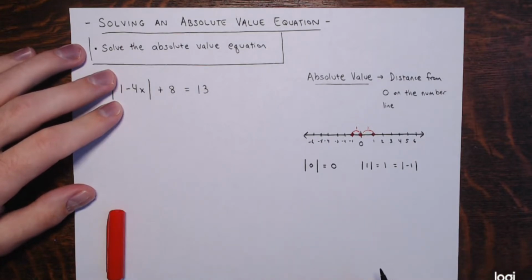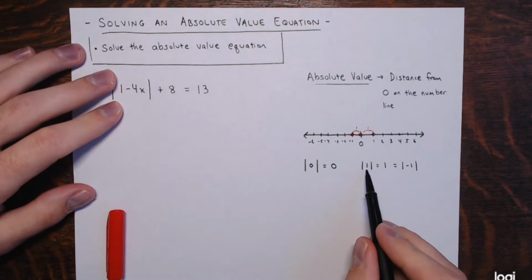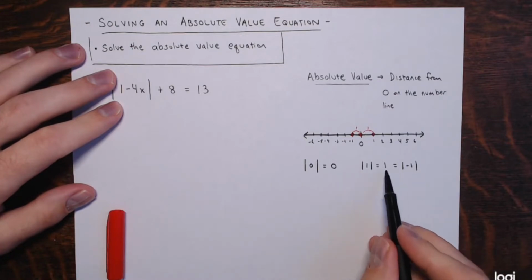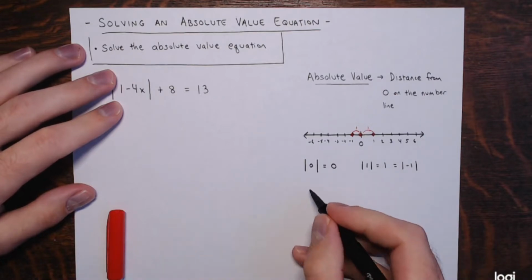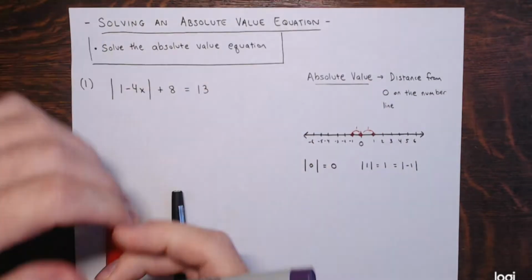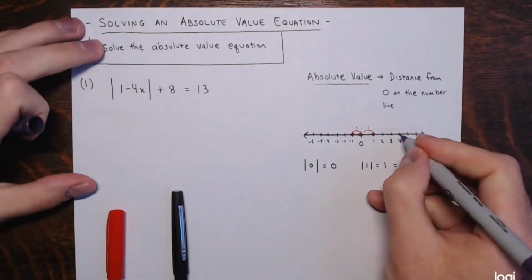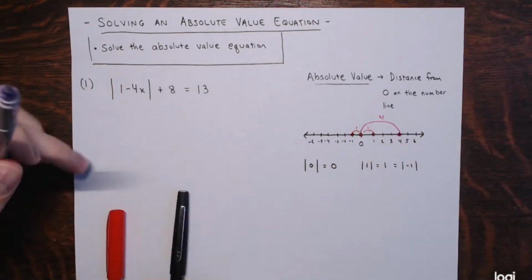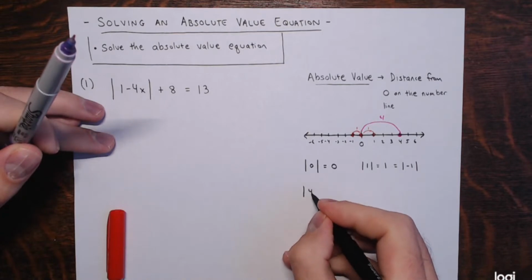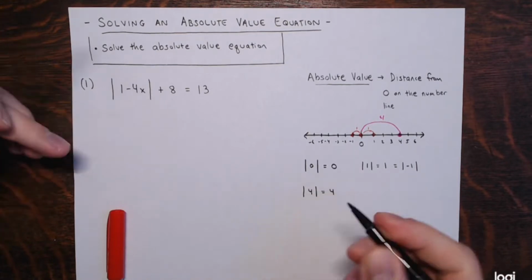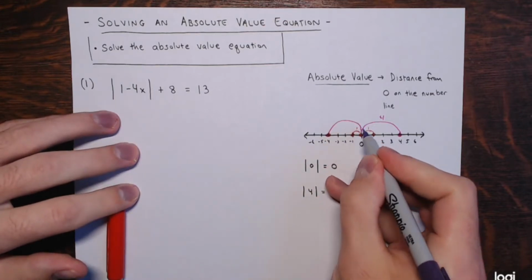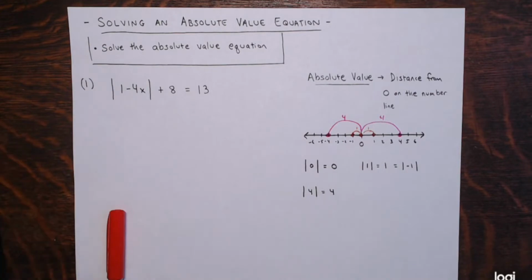And you're going to see that that's the case, that there's a positive number and a negative number that both have the same absolute value. Just to pick one other one, the absolute value of 4 is 4 units. The absolute value of 4 is 4, but so is the absolute value of negative 4. Negative 4 is also 4 units away from 0.